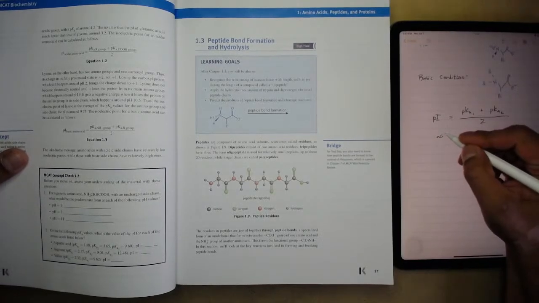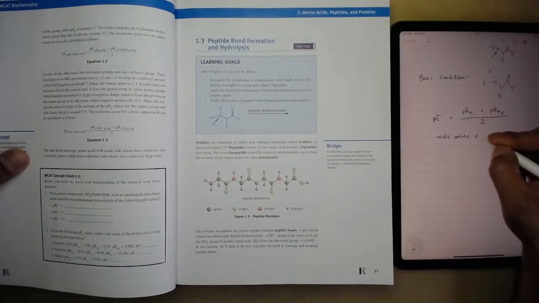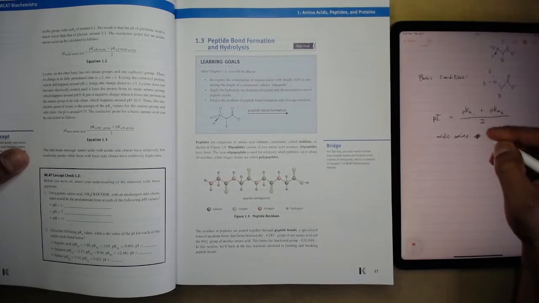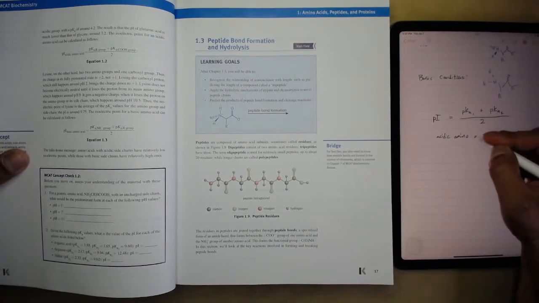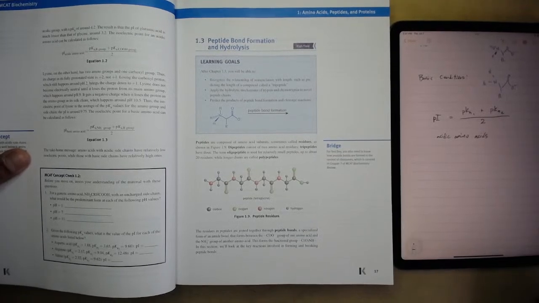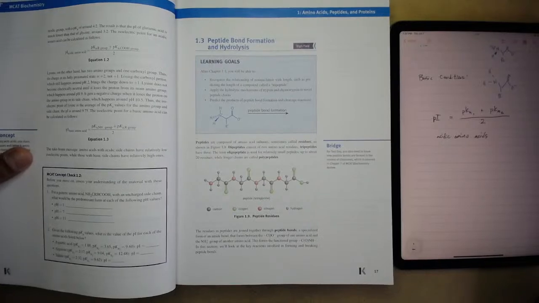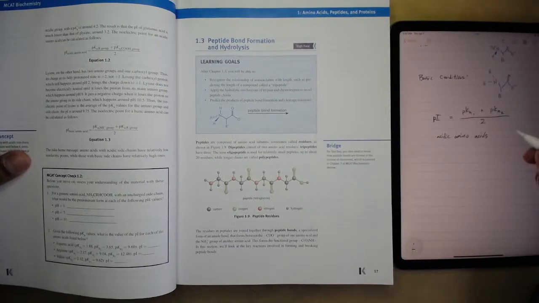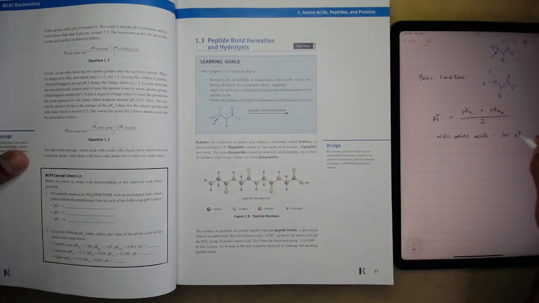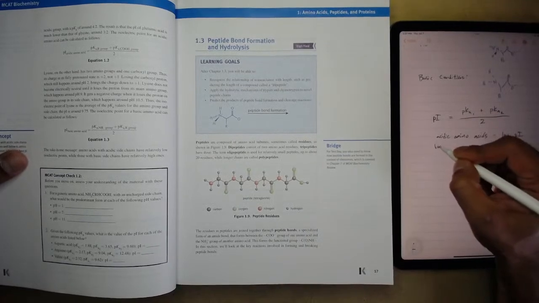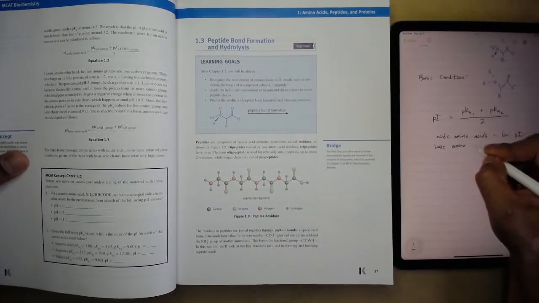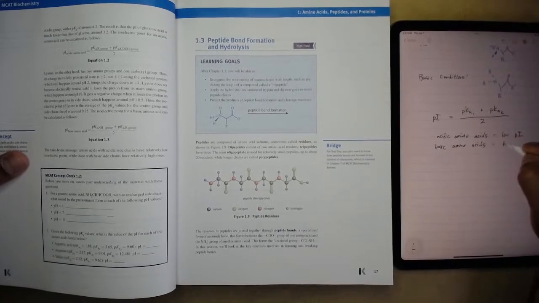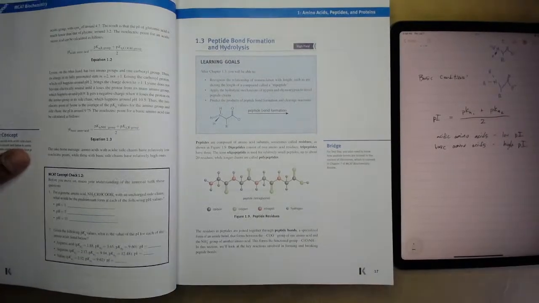Acidic amino acids have low pI values, and basic amino acids have high pI values.